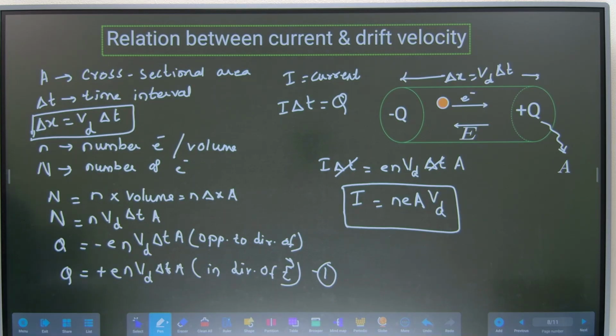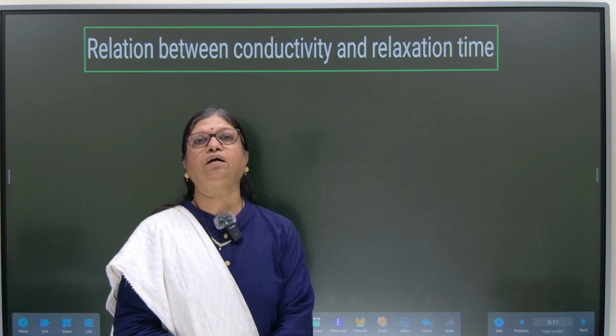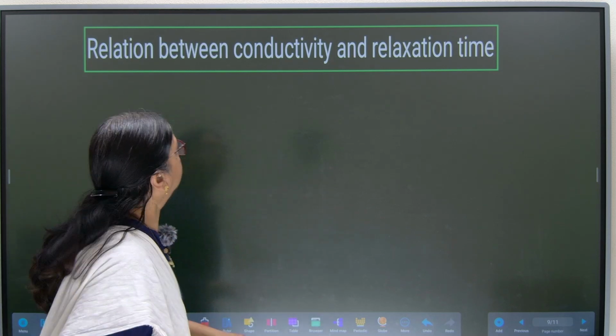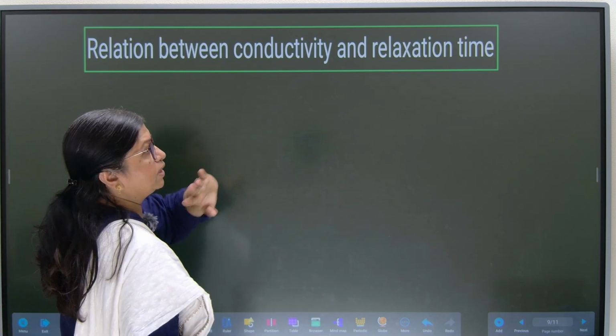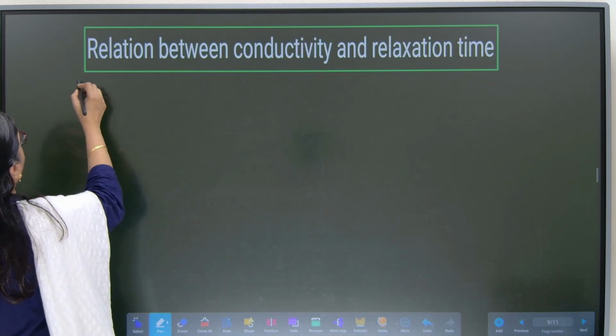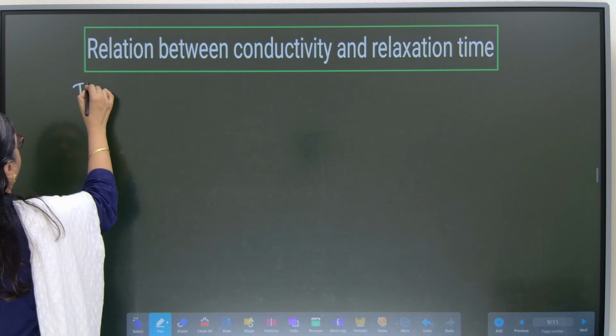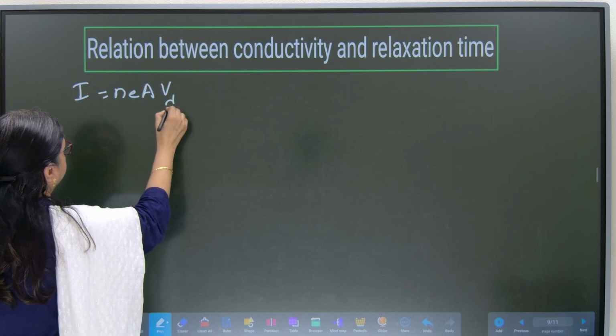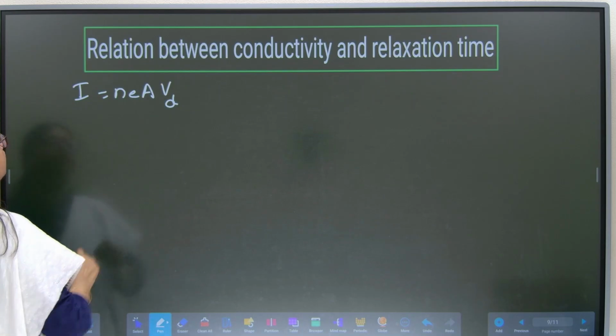Keep watching the video. Now we continue the video with page number 3, where we derive a relation between conductivity and relaxation time. Now in the previous page, page number 2, we have learned I is equal to neAVd. Fine. Okay.